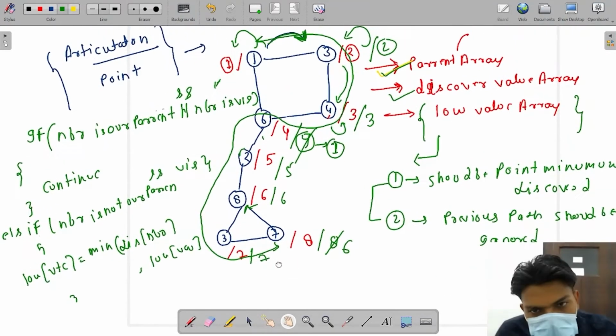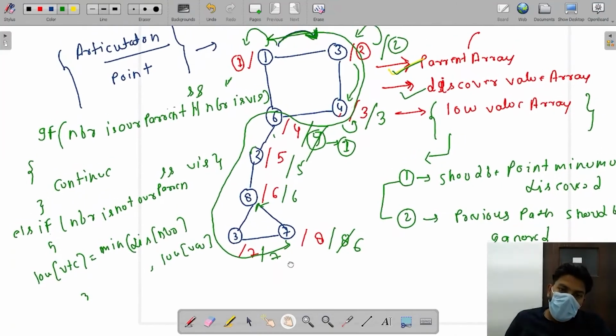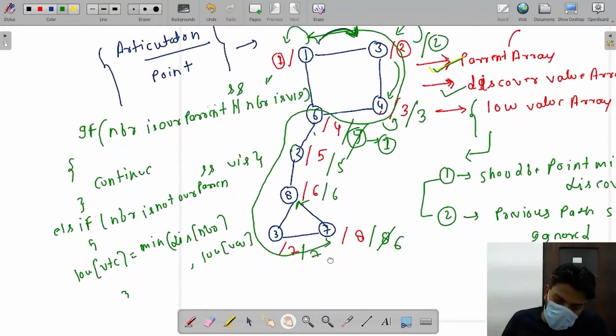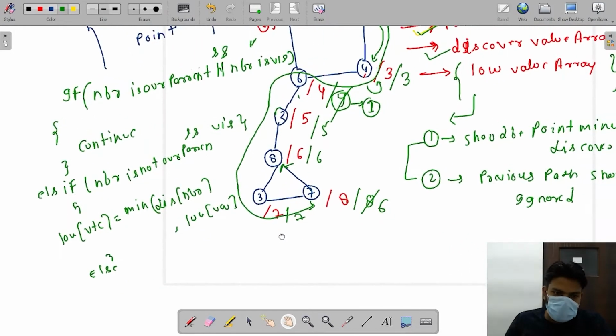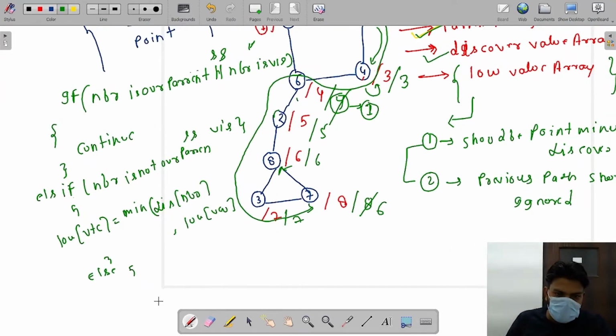Okay, so we find our low values, but some extra things are done at the stage of traversal, at the stage of DFS, when we call the DFS.